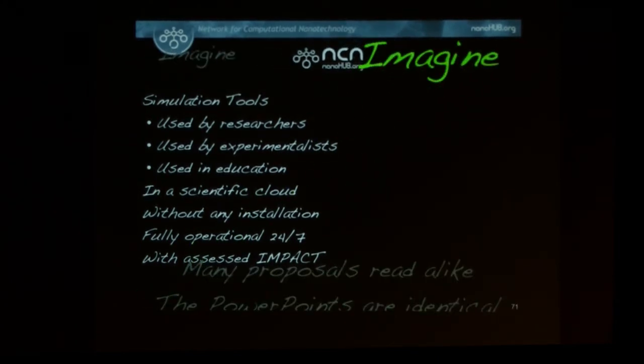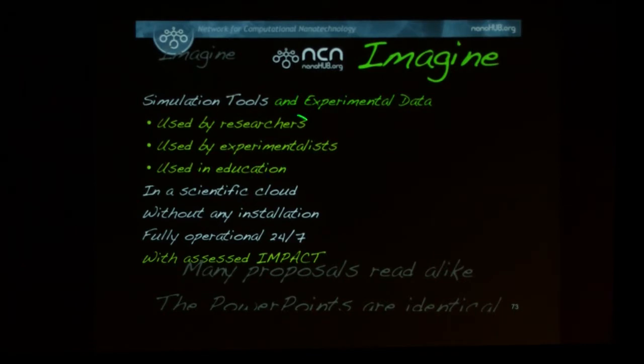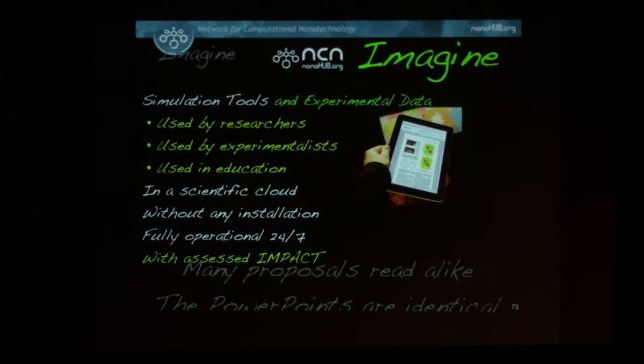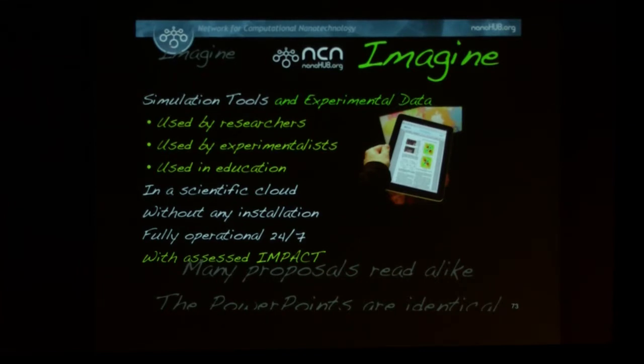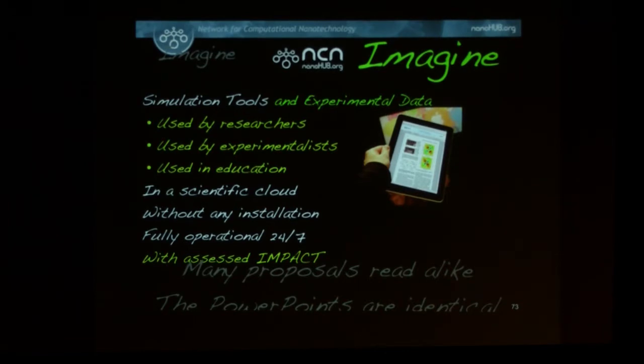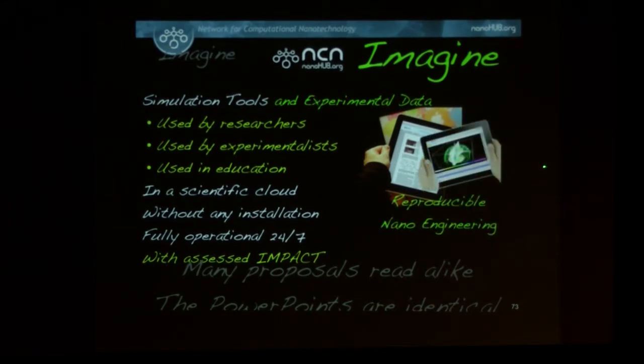And what we're doing now is imagining more. We believe we can extend this to experimental data. You might have to do things slightly differently on some aspects. But the real goal is for you as a researcher to read your papers, say on an iPad or whatever gadget you might have, but instead of printing it out and looking at a ruler and trying to imagine what the data is on these graphs, you actually click on these graphs and it takes you to the tool that generated this data.